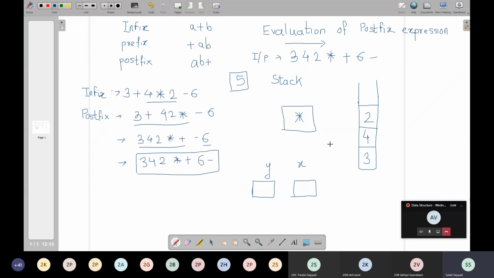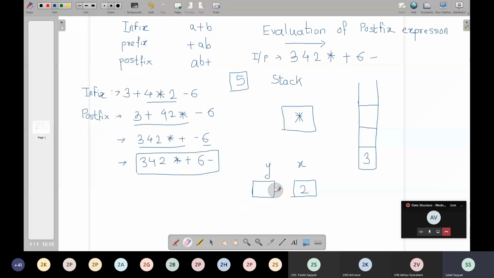X. Correct. The first element that I pop will go in my X, because in the algorithm I have written X is equal to pop first and then Y is equal to pop second. So this 2 has gone from my stack and has come into X. Similarly, Y is equal to pop will be executed and this 4 will be popped as part of Y. Is it clear up to this much? Okay. So this is my Y and this is my X.